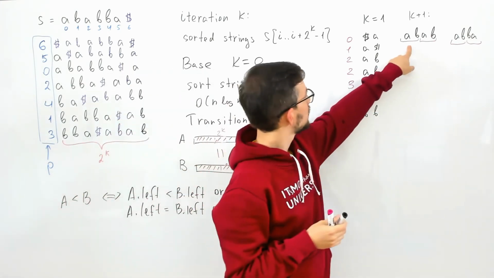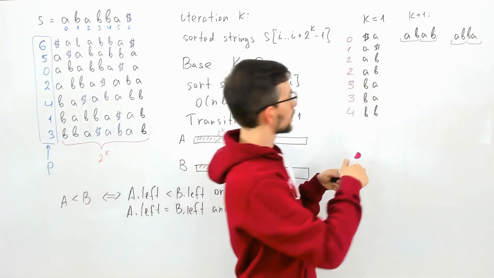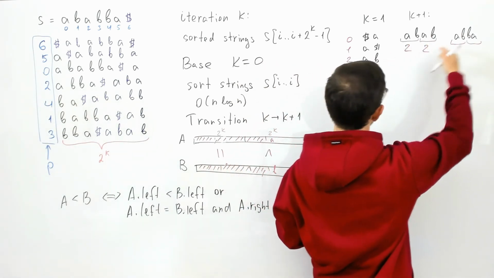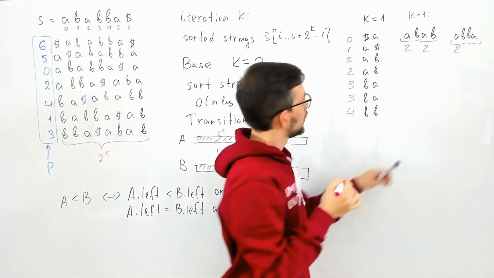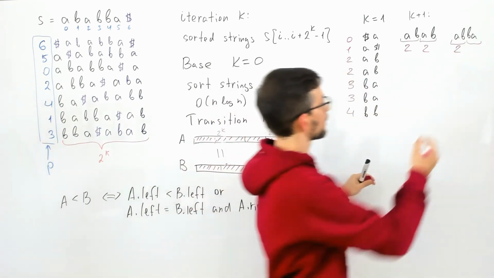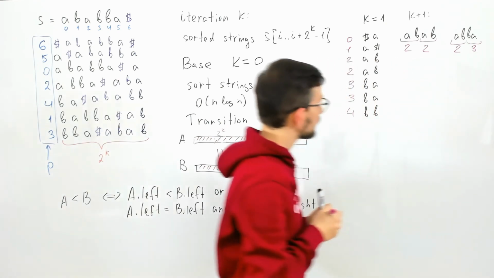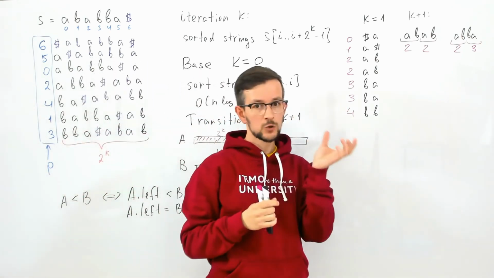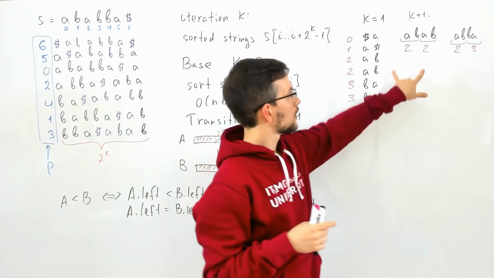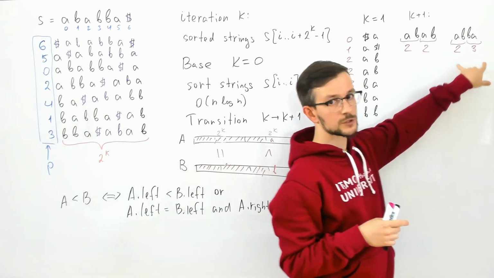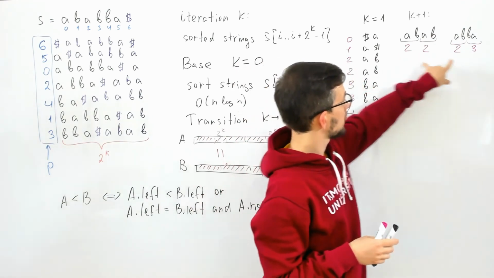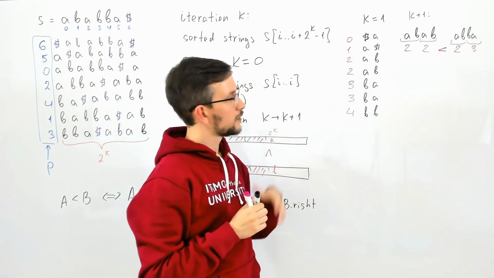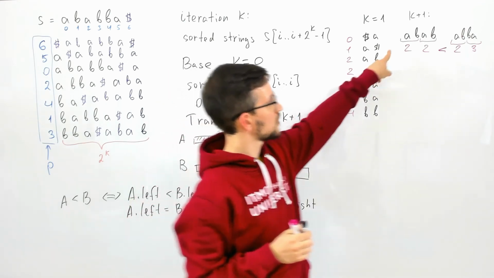So AB has class 2, AB has class 2, here AB has class 2, and BA has class 3. Now, to compare the strings, we simply need to compare these two pairs of integers. This pair of integers is less than this one, and it means that this string is less than this string.